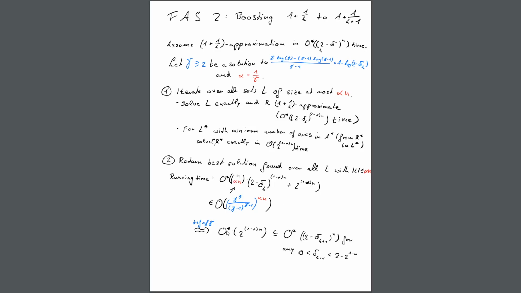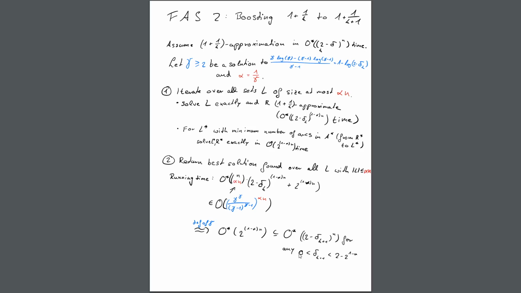So doing some math, we can show that this is 2 to the 1 minus alpha n, which is 2 minus delta k plus 1 for some small delta k plus 1, but this is still a value larger than 0. So we achieved our goal in terms of running time. We have an algorithm that runs faster than 2 to the n time.